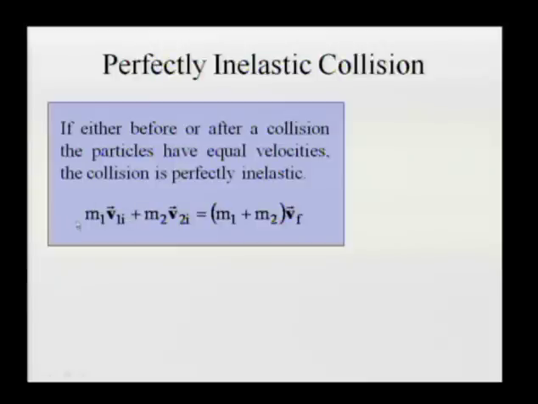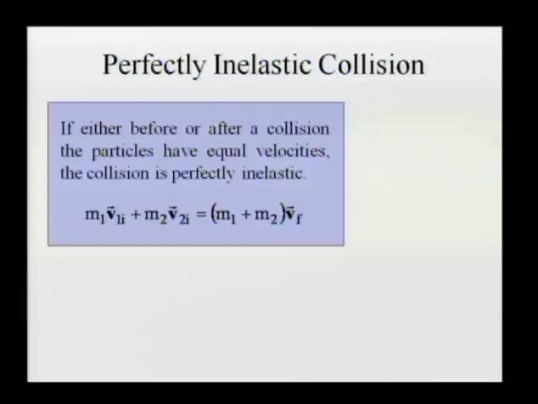This is for two particles. If I take the momentum of the first particle and add the momentum of the second particle before the collision, after the collision the total momentum is the same. And what happens in a perfectly inelastic collision is that, either before or after the collision, the particles have to stick together, to be glued.